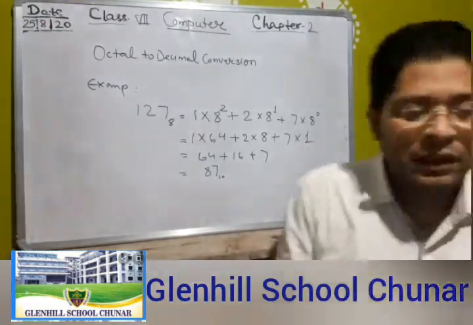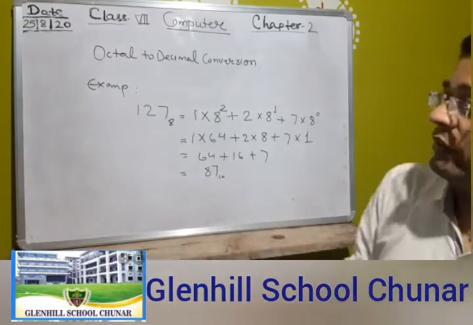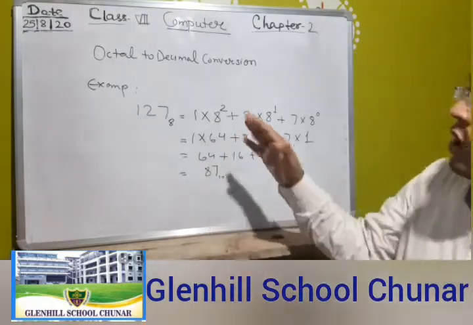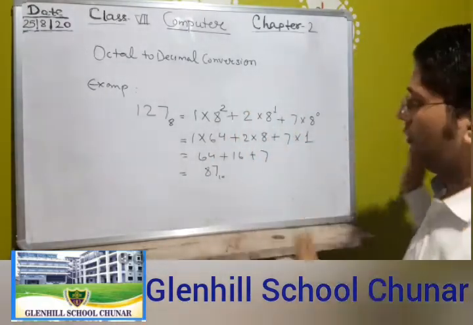So the decimal value will be 87. Clear? Octal to decimal and decimal to octal are very simple.